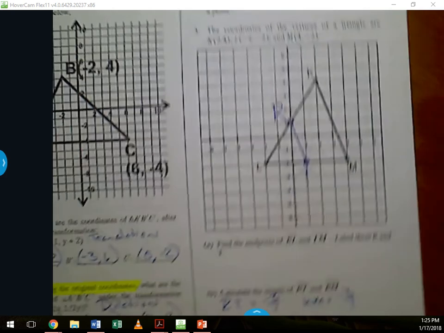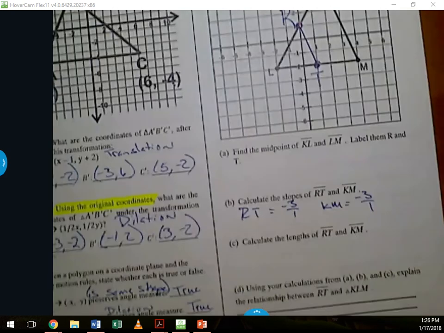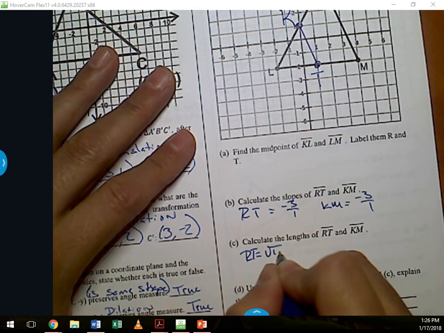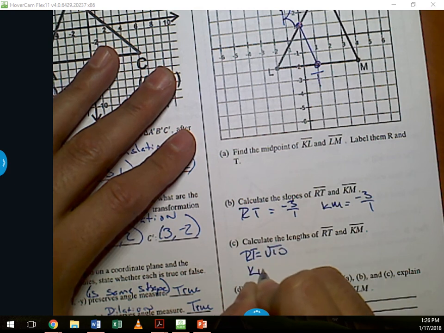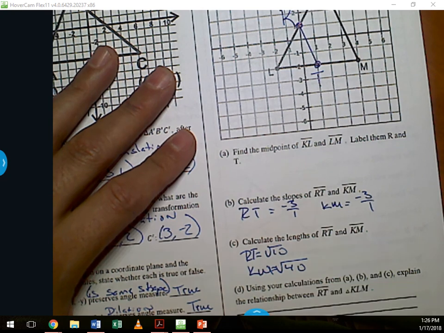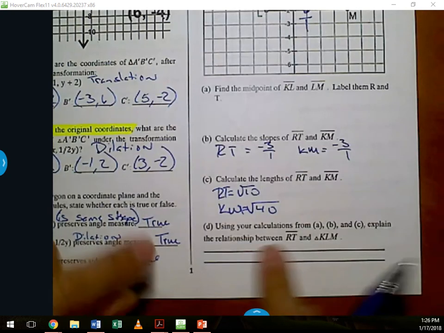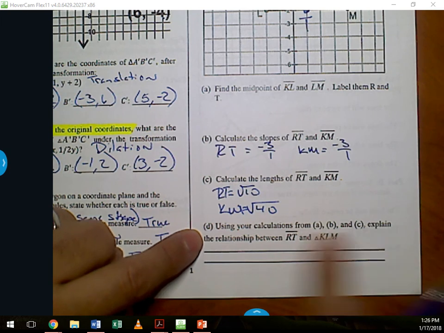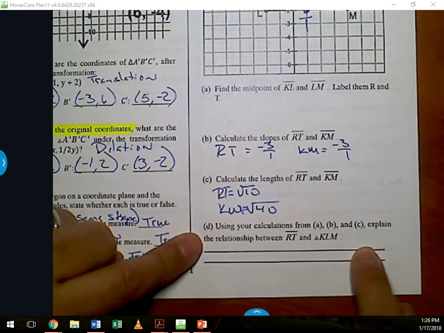Okay, so let's take a look at my thing. RT is square root of 10 and KM is square root of 40. Okay, so now from there, using your calculations from A, B, and C, explain relationship RT to the triangle.